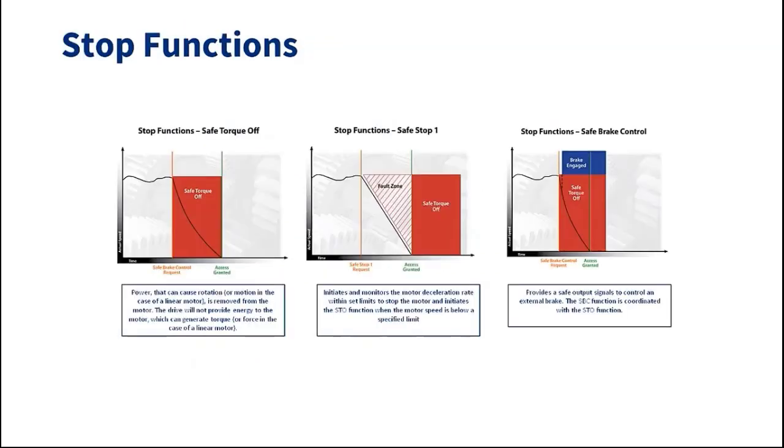Lastly, I want to take a quick peek at the safe brake control. We do safe torque off and safe stop one type applications quite often, but in a vertical load where we have a brake on the servo or the AC motor, when we bring that to a stop and engage the brake, the brake itself is only capable of a PLC rating because it's a single point of failure.